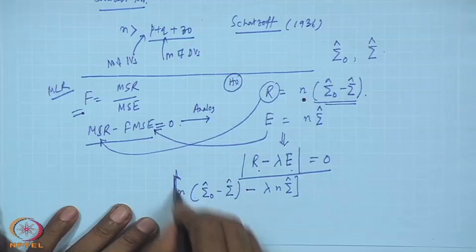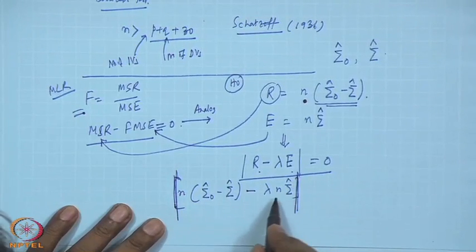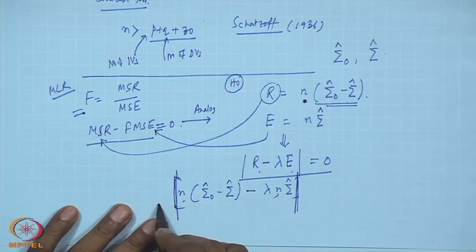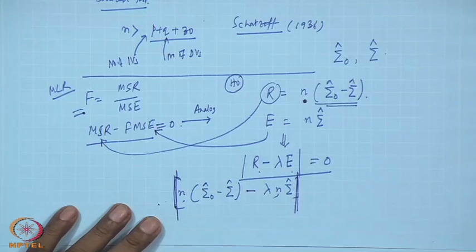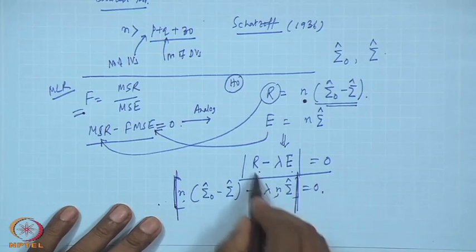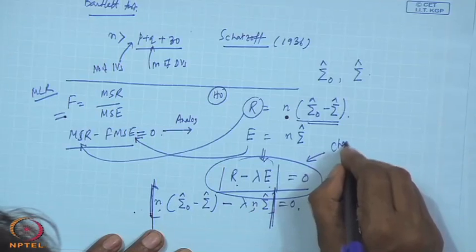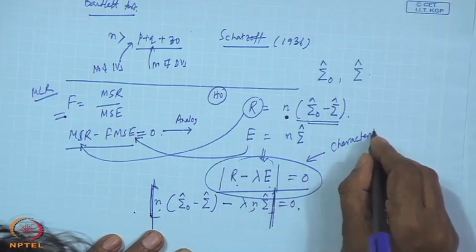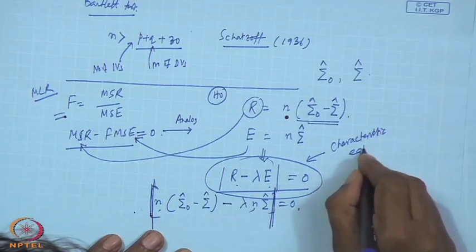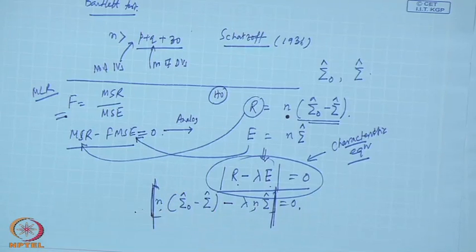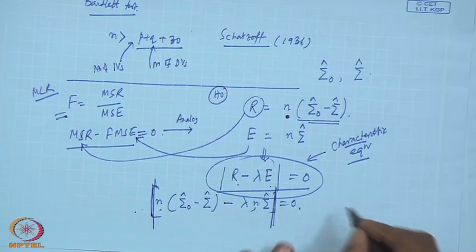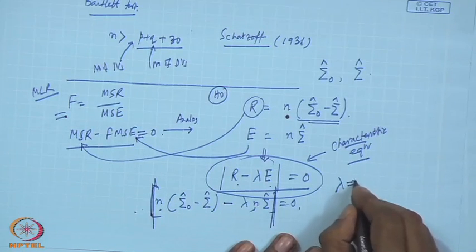Now, if I take the determinant here, ultimately this n will go out, n will be cancelled, because you are putting it equal to 0. So this one is 0, this is the characteristic equation, and lambda will give you eigenvalues.